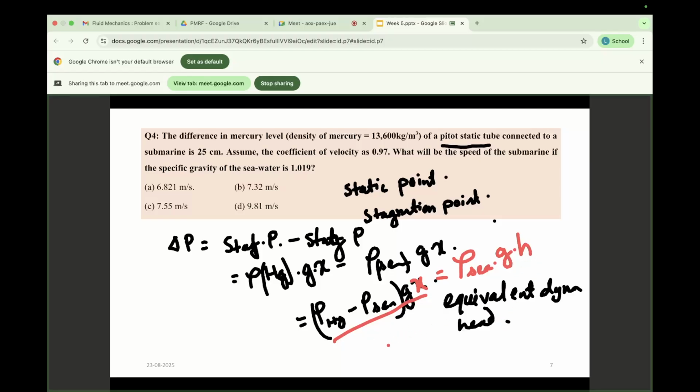I can find H equals (rho Hg minus rho C) by rho C, into X. So that is the concept.